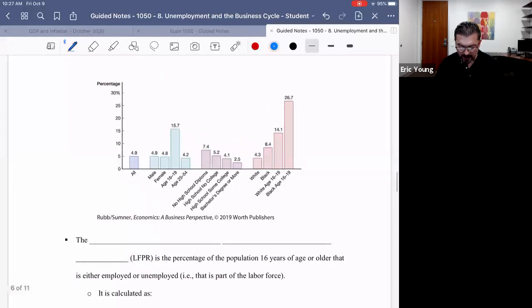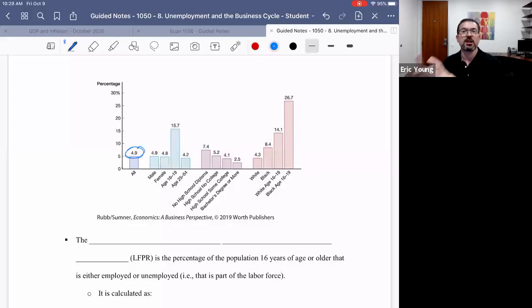I also want to point out too that obviously unemployment is very, very difficult. It's a major social issue as well as an economic issue. When we talk about the unemployment rate, we always talk about it as like this big blended rate. The unemployed, all of them, divided by the labor force, all of them. And you get that blended rate. But it's important to point out that within that rate, there's a lot of variation.